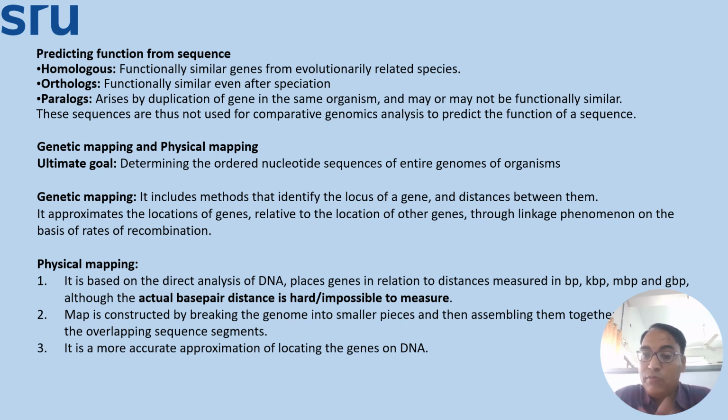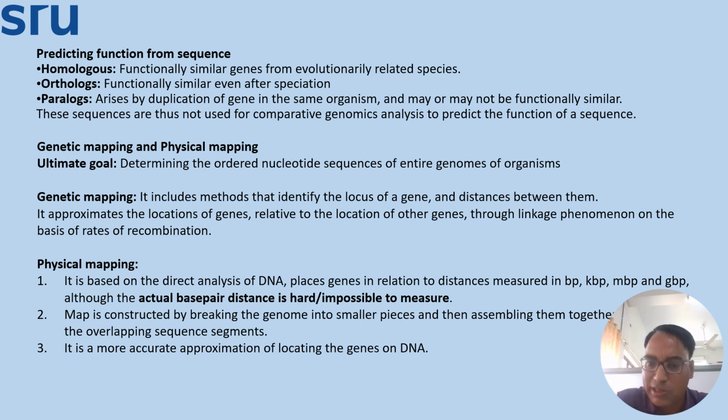What is their genotype, what is their genetic makeup? Based on their genetic makeup and the parents' genetic makeup, you try to estimate: if these genes are always coming together, it means linkage is there. If these genes are always getting separated, it means the distance between them is far apart.